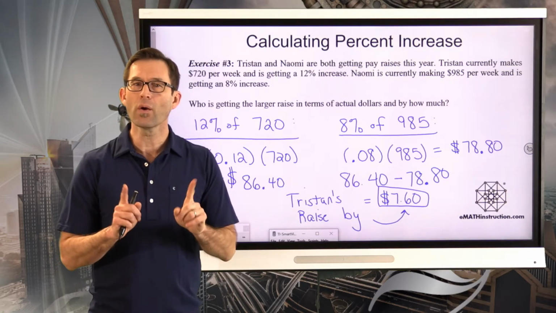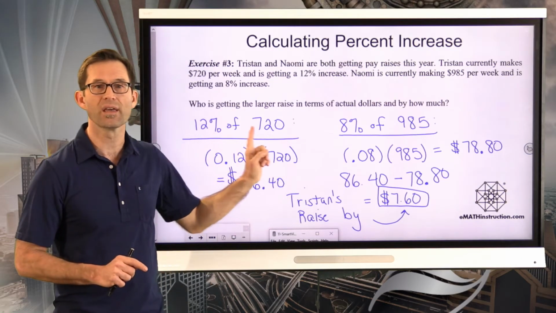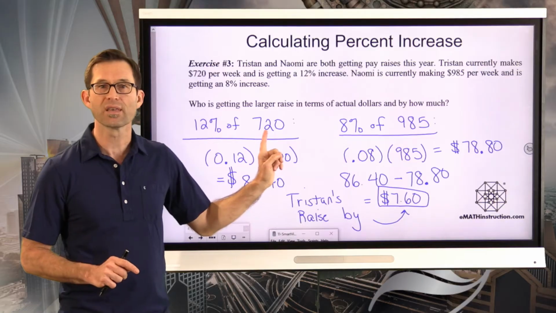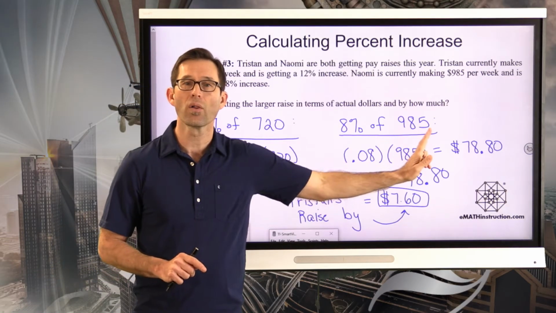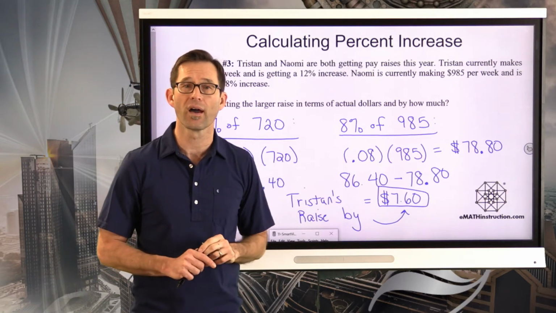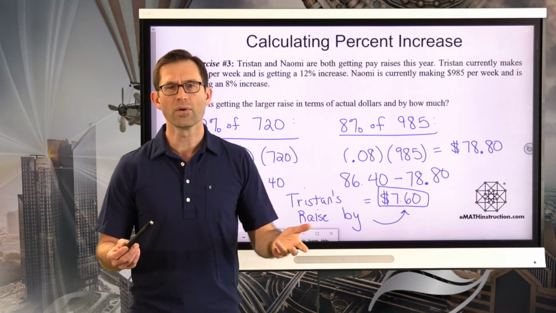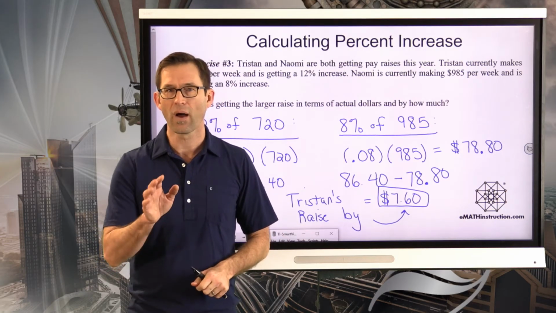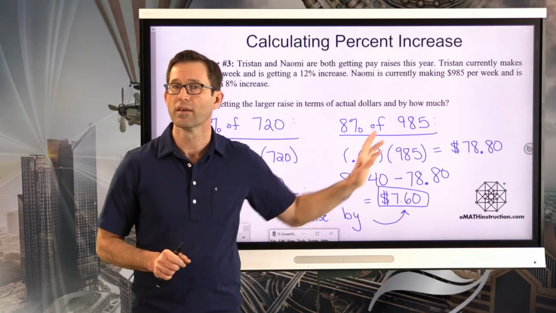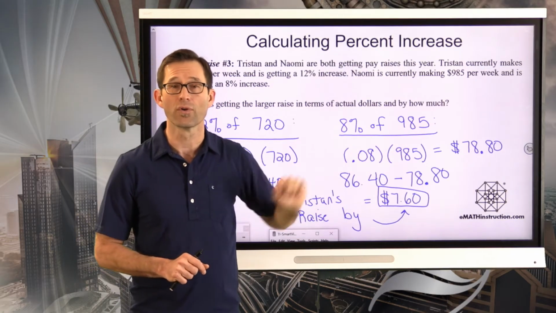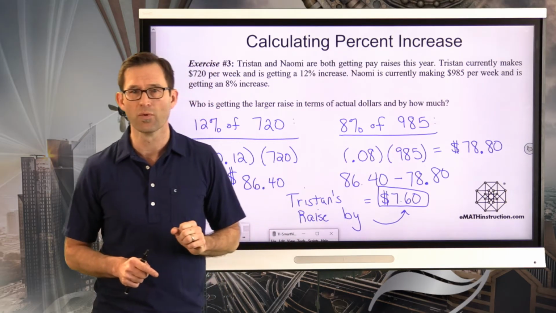But they're not very different because 720 is a much smaller total to begin with than the 985. We're going to be looking at different phenomena about that with finding percentages of different totals. We'll get to that as we move on.